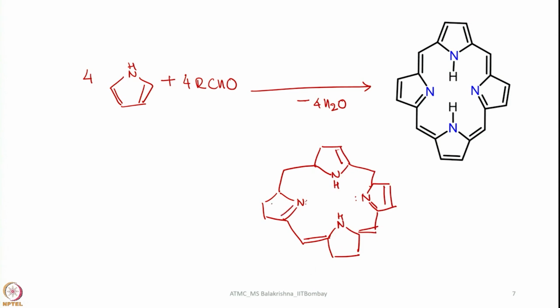So, this is how one can write the porphyrin unit, and of course, if you take simple acetaldehyde it will be H, whereas here it can be anything depending upon what you are choosing. So, this is how the basic porphyrin can be prepared by simply condensing an aldehyde with pyrrole.